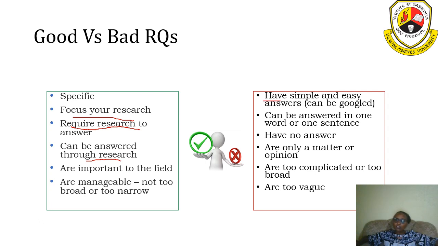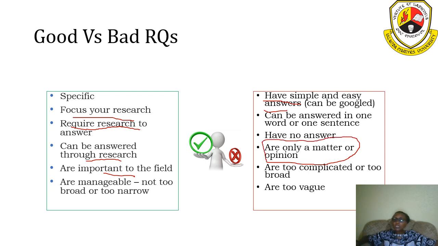We shouldn't have a question that can be Googled. If the question can be Googled and we get the answer, that's not research. Then it must be important to a specific field. In other words, it should not be something that is seeking to support your personal opinion. We don't want that.